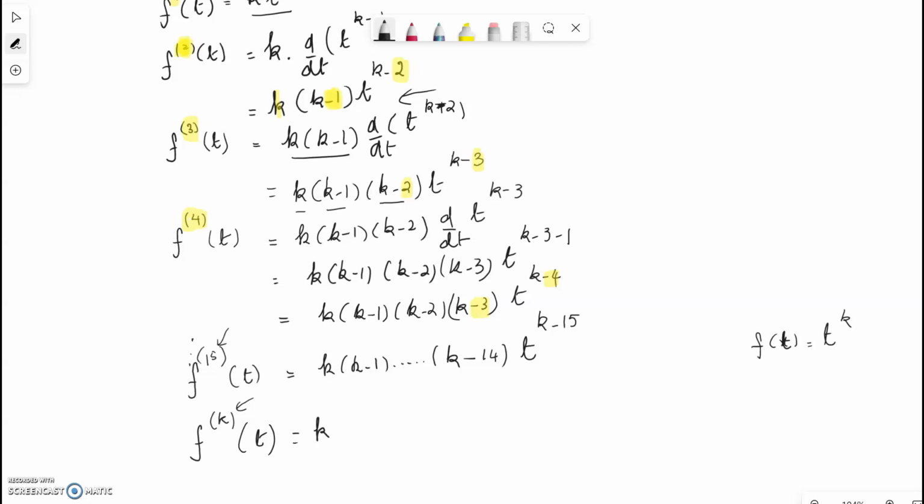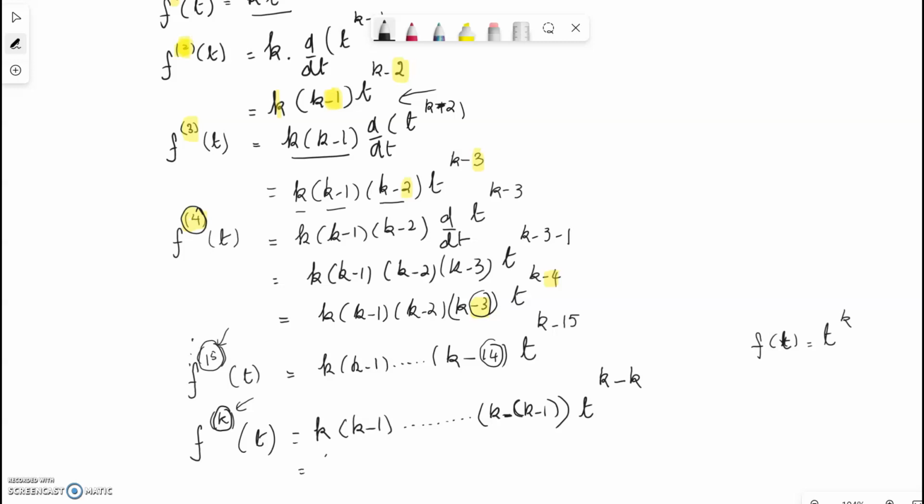It's going to be k times k minus 1 times k minus 2 and so on. And it's going to be k minus 1 less than k. Notice if this is a 15, that was a 14. If that was a 4, that's a 3. We subtract a number that's 1 less than the exponent, and then we go t to the power of k minus whatever this number is, k.